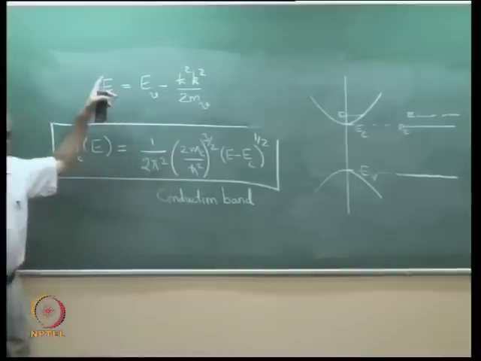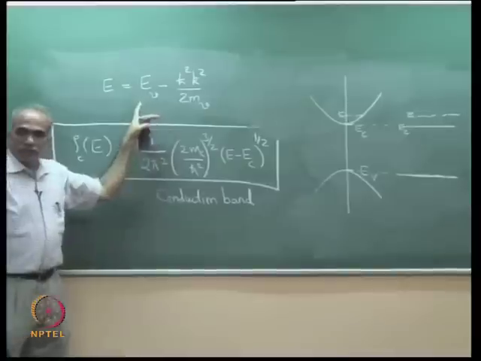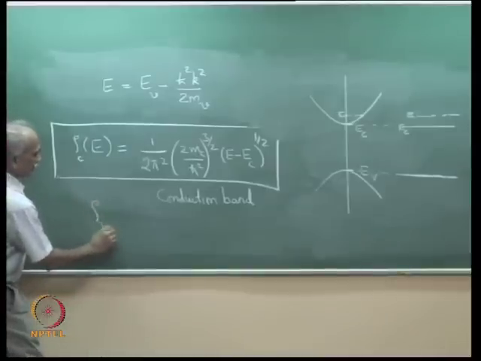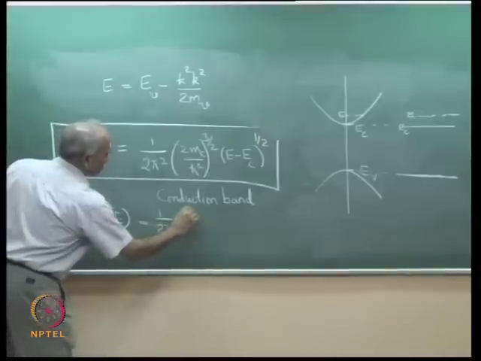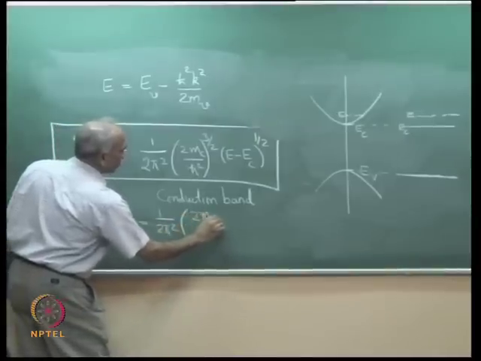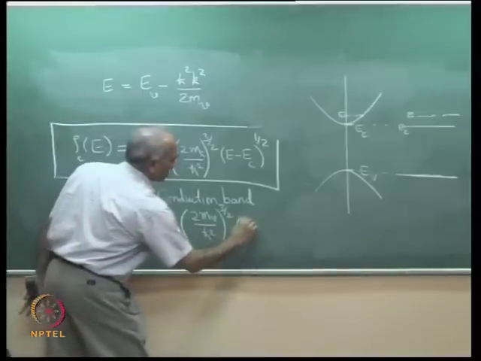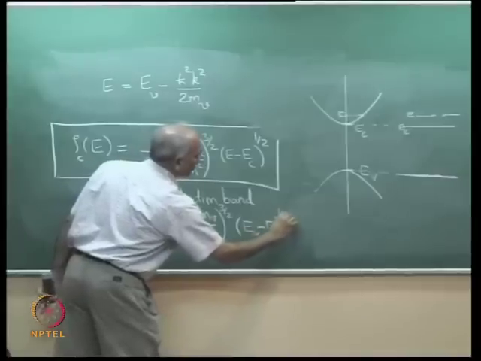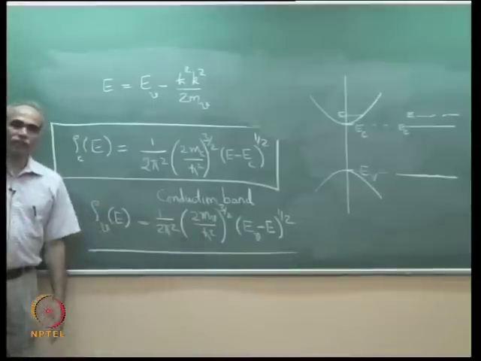Instead of using E is equal to EC plus h cross square k square by 2 mc, if you use this and find out the density of states for the valence band, you will get the expression rho v of E is equal to 1 over 2 pi square into twice mv by h cross square to the power 3 by 2 into EV minus E to the power half.